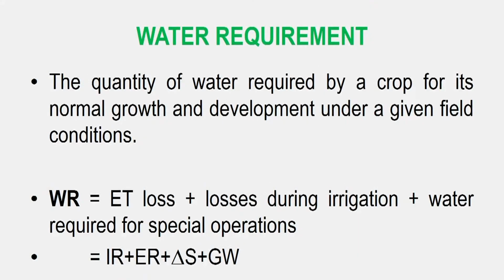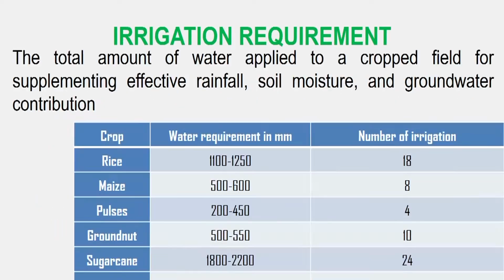And when we say the water requirement of the crop, it denotes the evapotranspiration loss as well as the losses during the application of irrigation, and the water required for various types of special operations, like land preparation, earthing, or other agricultural operations that are carried out in the field from time to time.